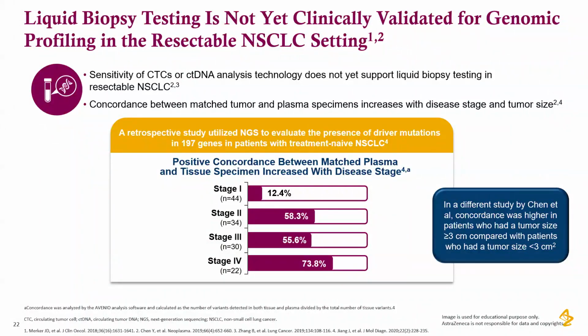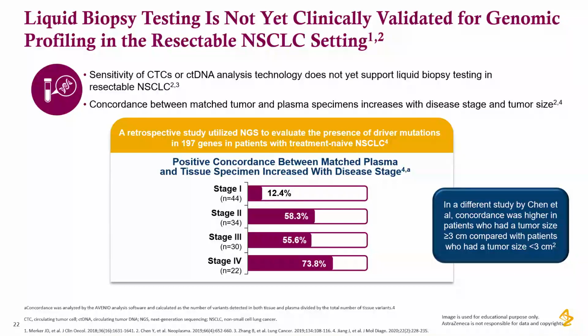As I told in the previous slides also, the non-metastatic setting in NSCLC is basically stage 1 to 3. So subjecting the patients to liquid biopsy is not a good idea. Why? Because the sensitivity is very low, the burden of circulating tumor DNA is very low, and the concordance rates are also very low.